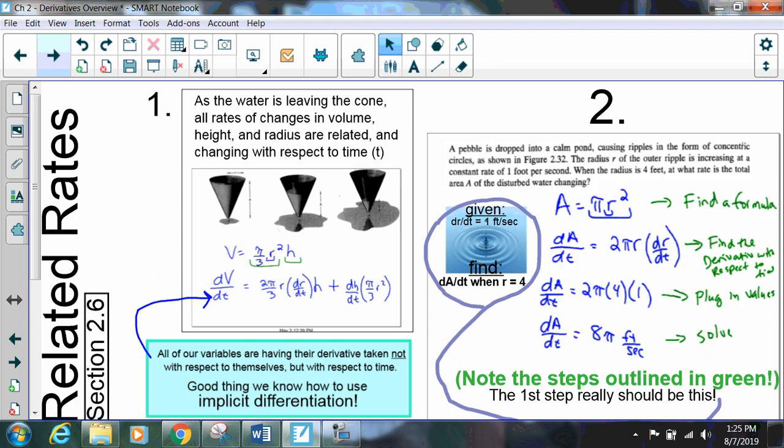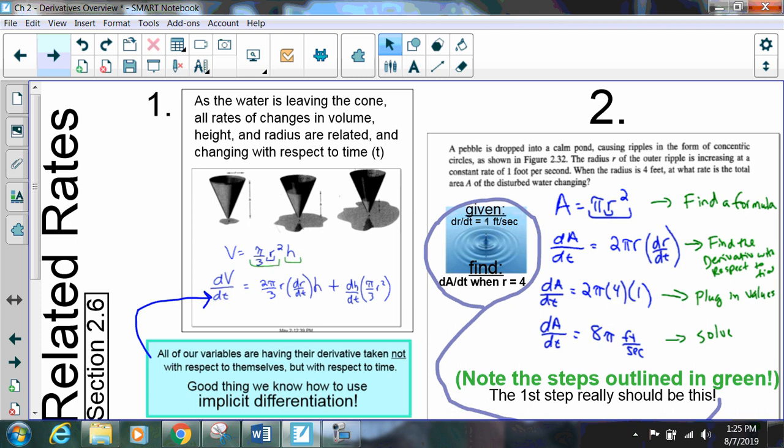So the steps are outlined. The first step really should be this: find the given and what you need to find. But also finding a formula, you may sometimes have to draw a picture to figure out what kind of formula you need, and we need to start with a formula.